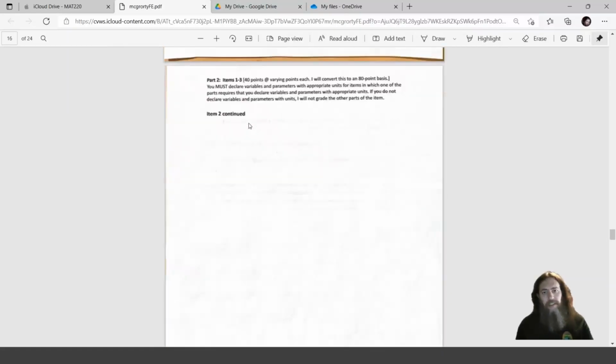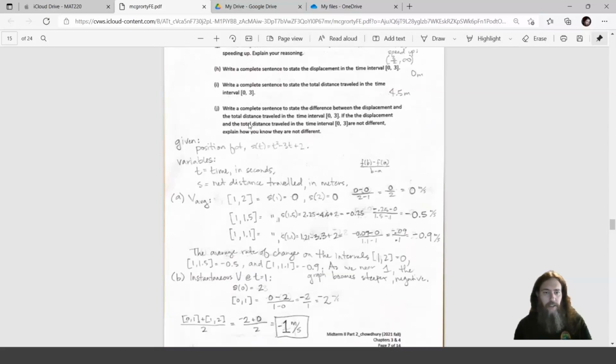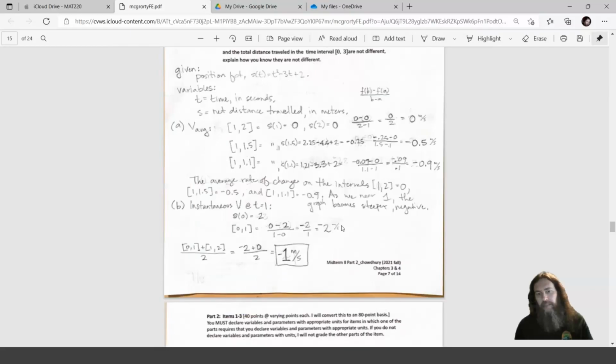So when I do that, did I get -1? I think I got -2. I did. So I got -2 here. I got the difference in values and the difference in t's, so the value at t1 minus the value at t0 over t1 minus t0 gave me -2. Then I divide by the number of intervals, which was 2.